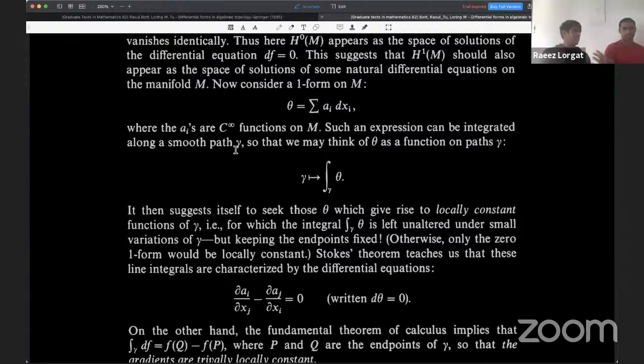And where do you get the tangent vector from? The path. The path is going to trace out some literal path, and it's itself going to have tangent vectors, which describe infinitesimal motion. Our one form is literally going to evaluate each of those little vectors to a number, and then we're just going to sum all of those numbers along the path. So it's very, very elementary. We really don't need anything except our intuitions to make sense of what's going on here.